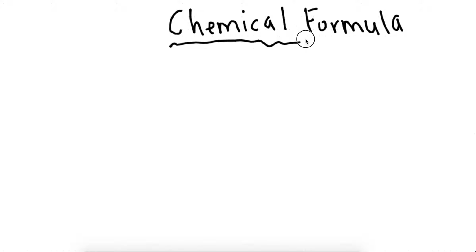So first things first, we need to know the definitions. If you're not good at memorizing, don't worry about it. It's usually just 1 mark, but we need to understand the calculations. So let me just write down the definitions. Empirical formula.